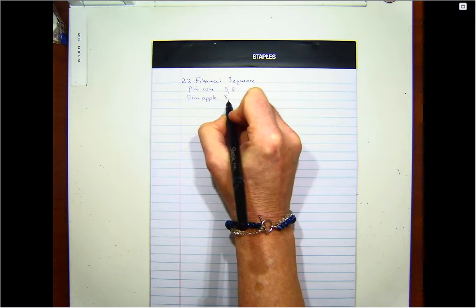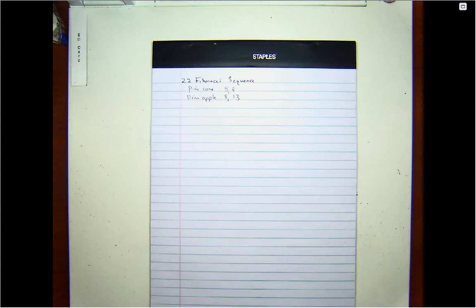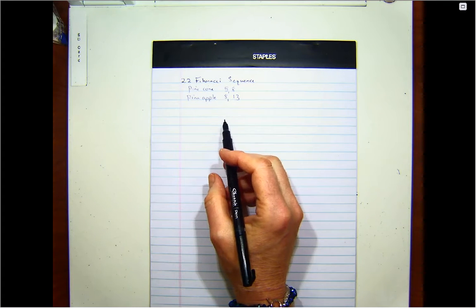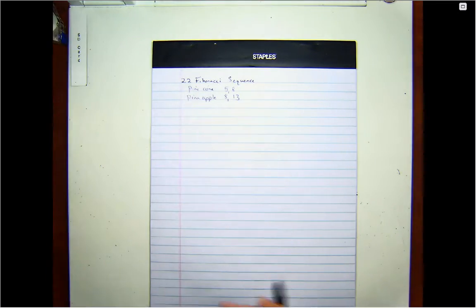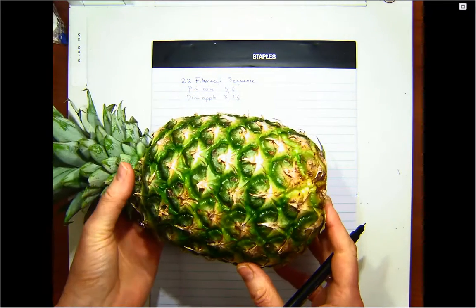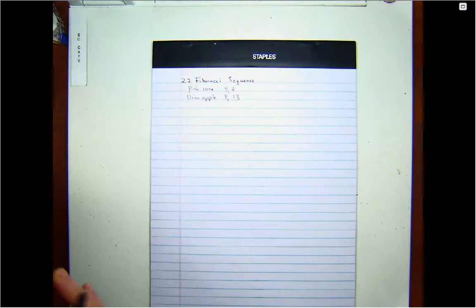You should have found 8 and 13 unless your pineapple is malformed. Sometimes the little triangle shapes merge together and get goofed up, but there should be 8 and 13. This one has 8 and 13. I double checked before I bought it. One of them has to work.